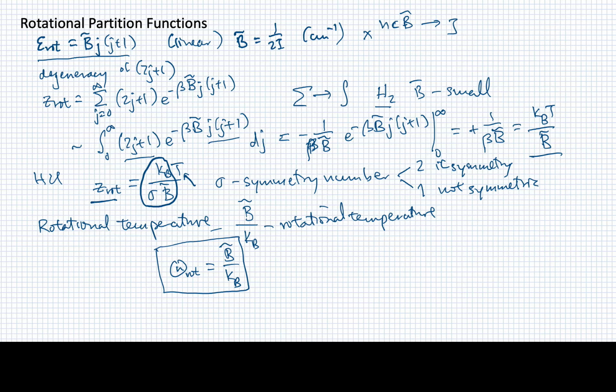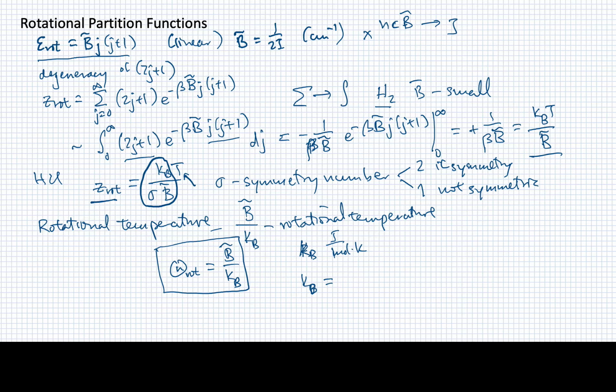Now another thing I want to do is indicate that this Kb, we've listed it in various units, including joules per mole Kelvin and things like that. In this case, I'm going to use a unit for Kb that will help me get rid of the inverse centimeters that are in the rotational constant.